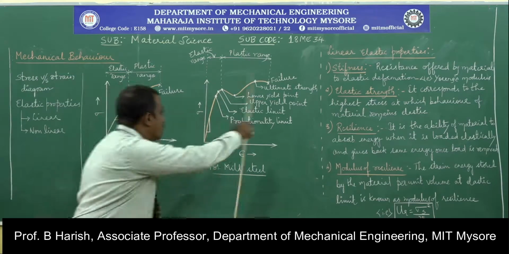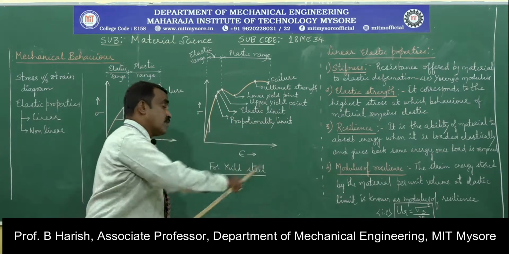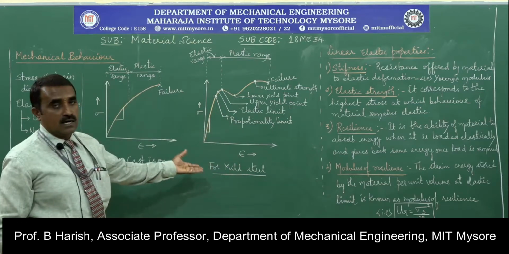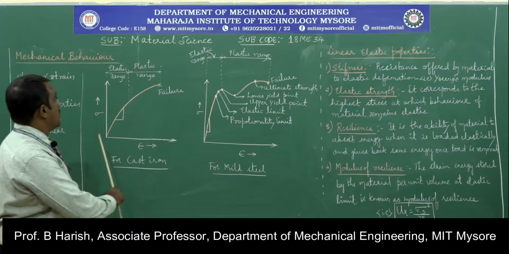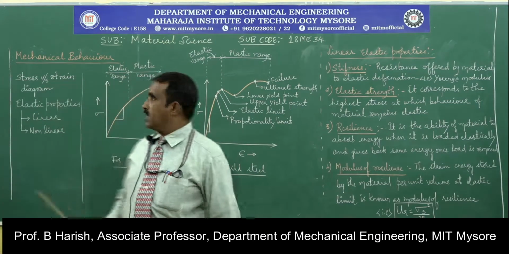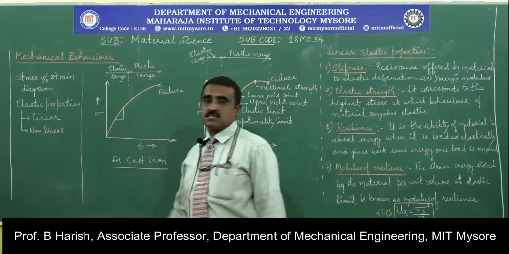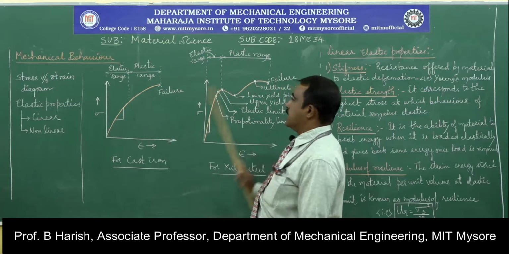We cannot observe all these changes. Hence, it is very important to study the changes in the case of a ductile material. So that is about ductile material and brittle material, the stress strain curve or stress strain diagram, in the brittle material and in the ductile material.